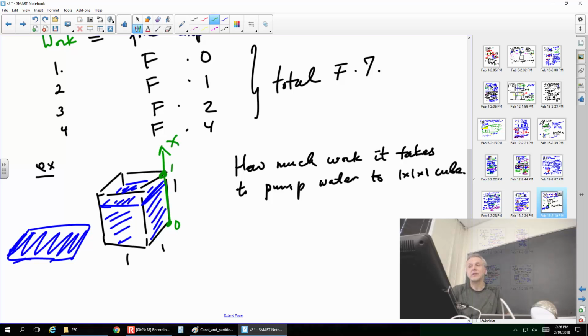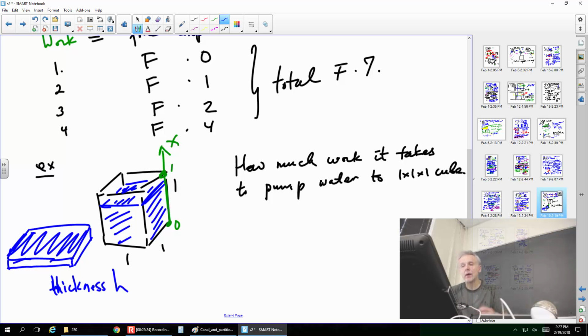So that's my x-axis. And then, let's just go on with our slices. So the slice to be lifted might look like this. It has some width, or rather I meant thickness, h.